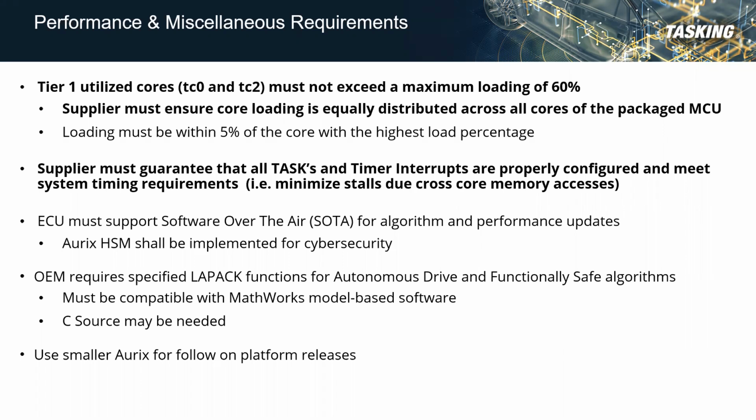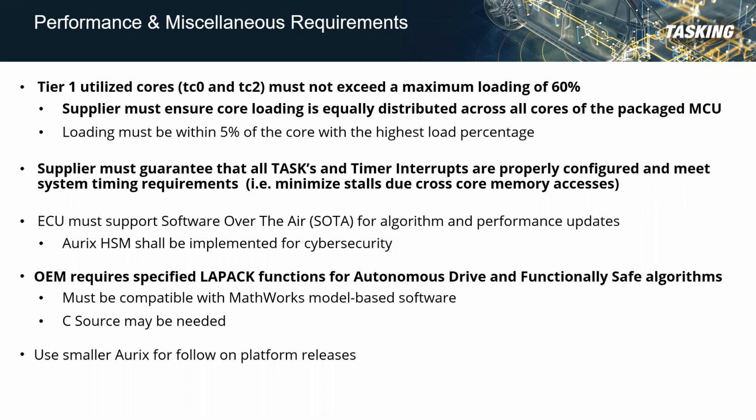The tier 1 must also guarantee that all tasks and timer interrupts are properly configured and meet system timing requirements. Basically meaning that we want to minimize the number of stalls due to cross-core memory access. And the OEM is requiring further autonomous drive type algorithms, so they're going to need some LPAC functions to implement that.